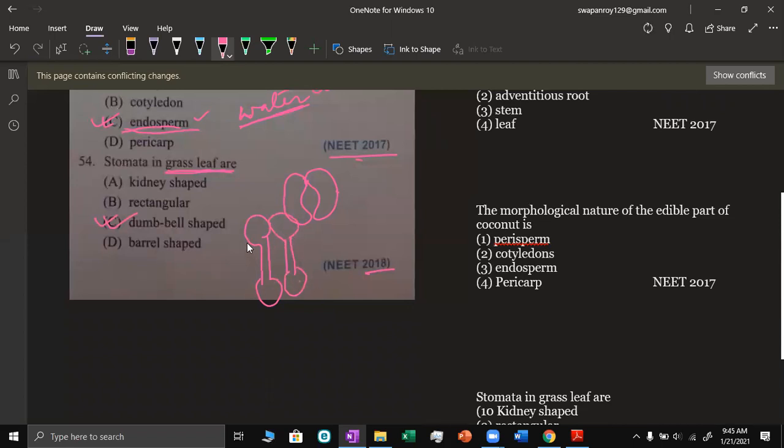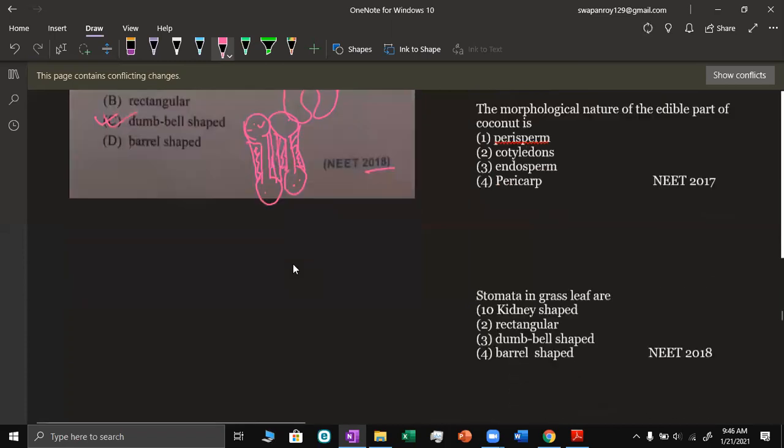The middle portion has a very thick wall, and at the ball-like ends the cell wall is very thin. When turgidity increases, the diameter of the ball increases, pulling the walls apart, and the stomata open.